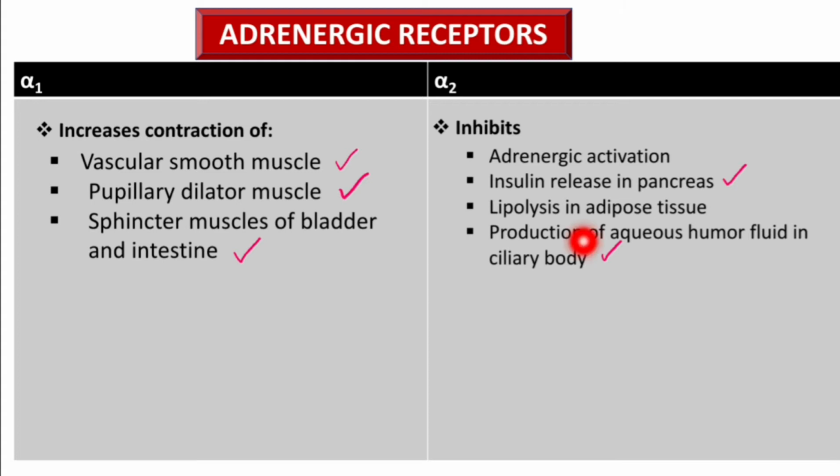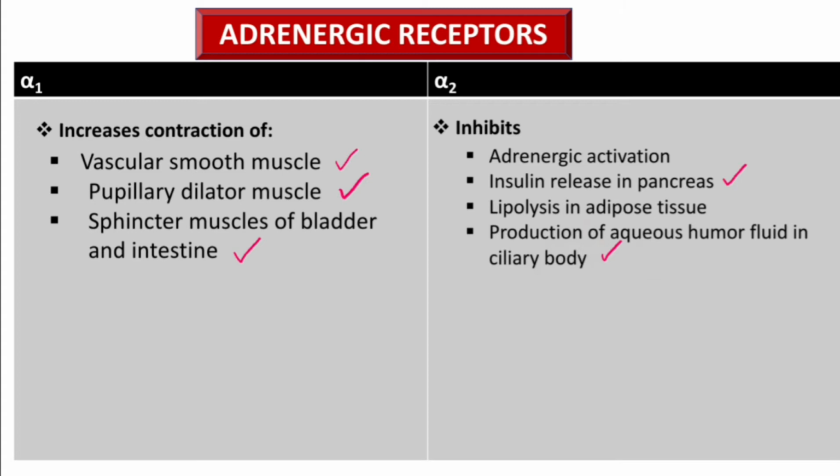And lastly, if you stimulate alpha 2, there will be inhibition of production of aqueous humor fluid in the ciliary body, right? So if production of aqueous humor is inhibited, this effect is a reduction of what? Of intraocular pressure, right? So this is what is inhibited if you stimulate the alpha 2 receptors.